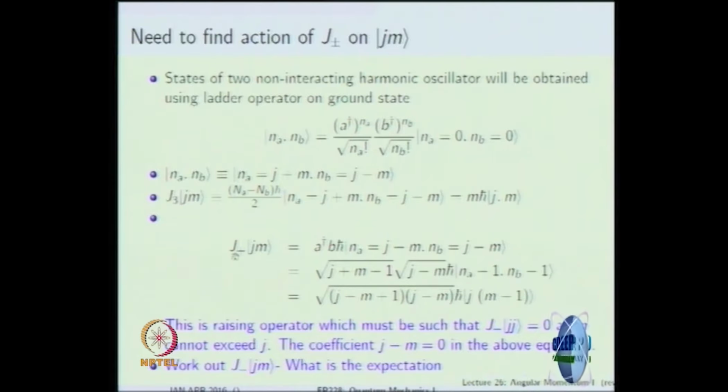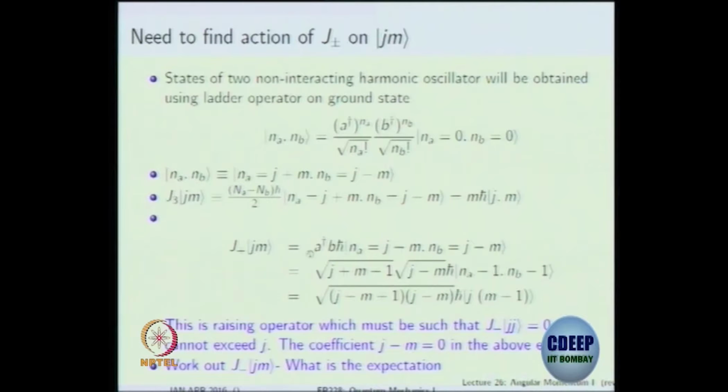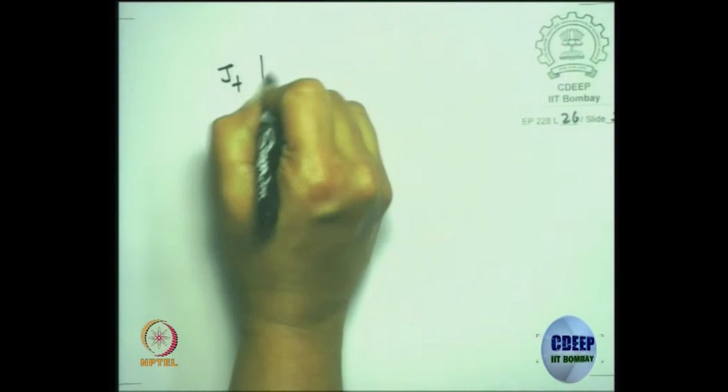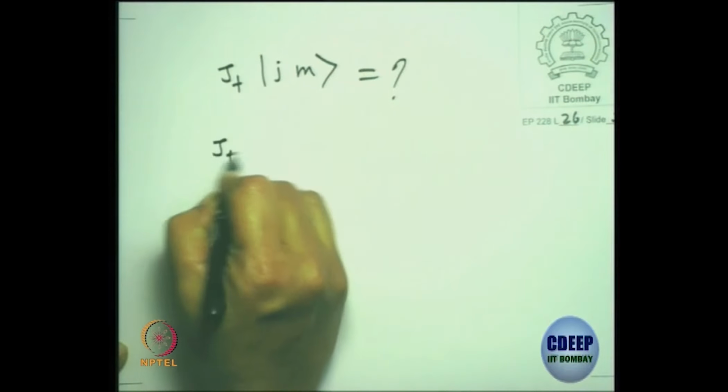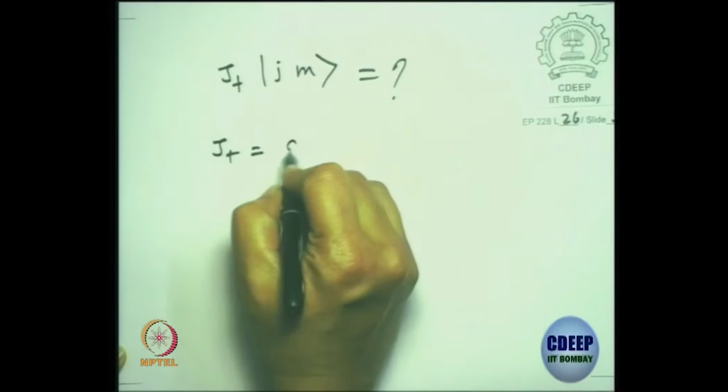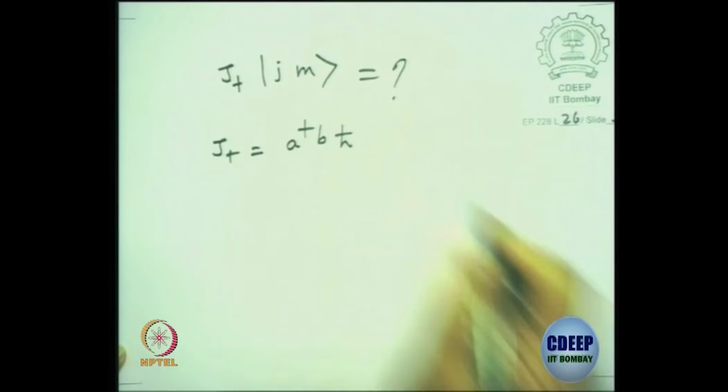That was my first slide in the Schwinger method. But you know how the B operates, how the A operates. So, let us do this. I want to know what is J plus on Jm. J plus has a representation which is A dagger B H cross.